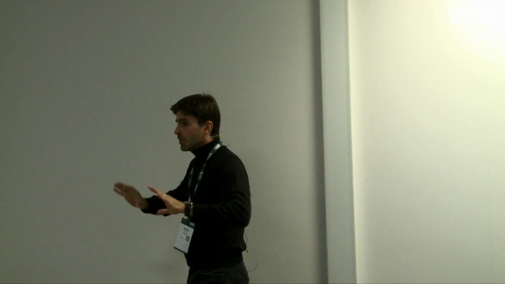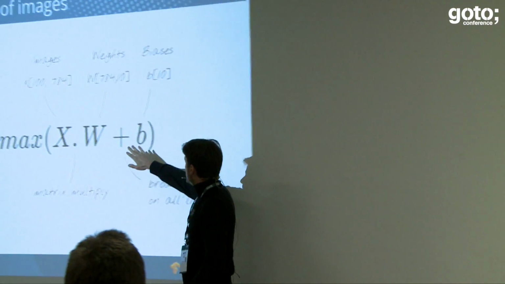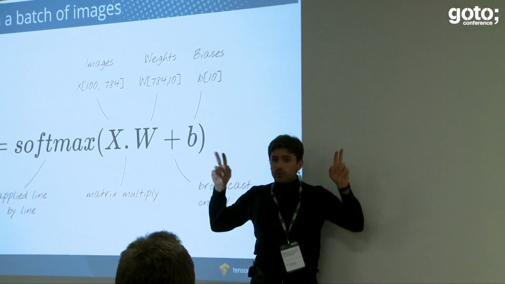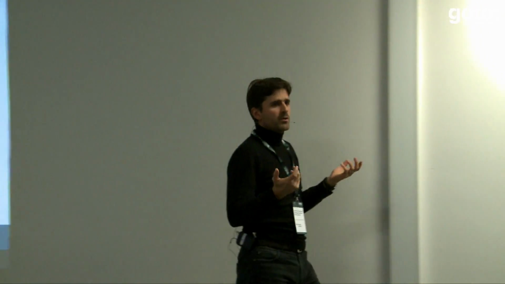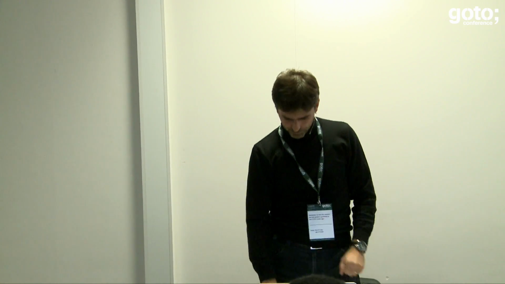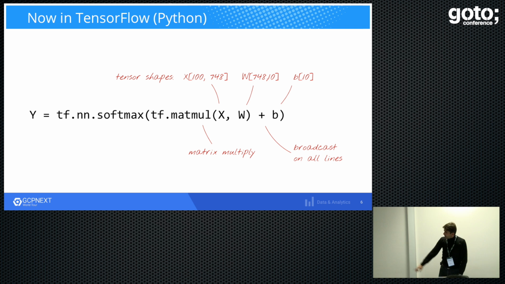Of course, all of this works only if the biases and the weights are good. So how do we know they are good? I haven't spoken at all about how we are going to determine them yet, but how do we know they are good? This is how you would write it in Python and TensorFlow. You see, not very different.